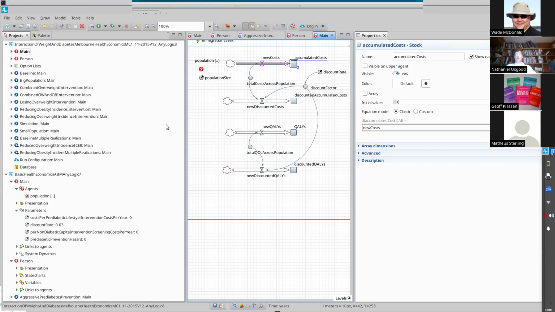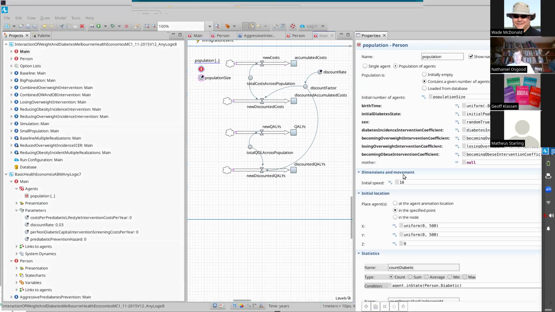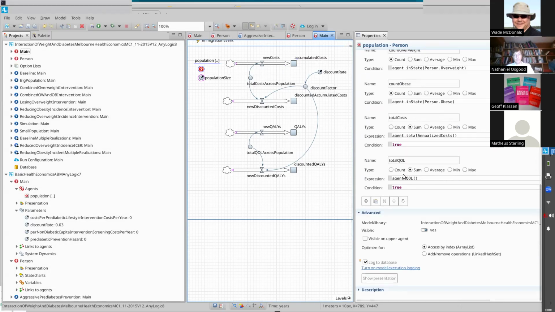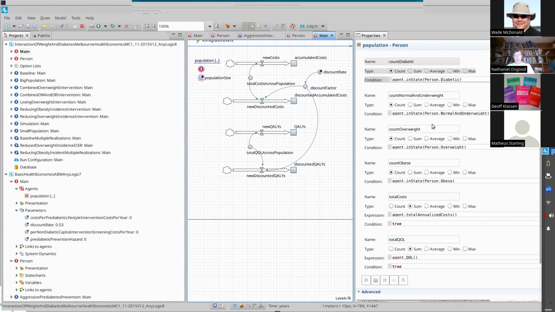That's what's accumulating right now, and we use the same trick. We total up across the population the annualized costs or the quality of life, and have these things just flow in.